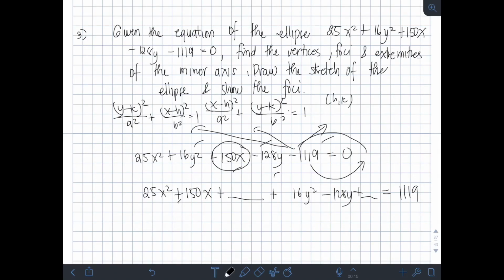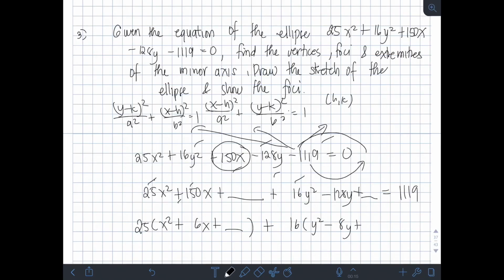Okay? Now, pwede nating i-factor out pala muna itong 25 tsaka 16 dito sa y. So, 25 times x squared plus, so 150 divided by 25 is what? 6, right? So, 6x plus blank plus 16 y squared minus 128 divided by 16 is what? 8.